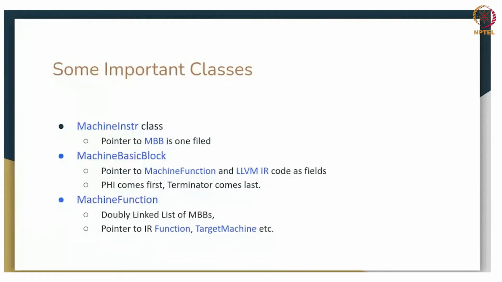Then there are pointers to the IR function, target machine, etc. So getting back the LLVM IR from machine specific code is easy. The machine basic block has a pointer to the LLVM IR basic block, and the machine function has a pointer to the IR function.